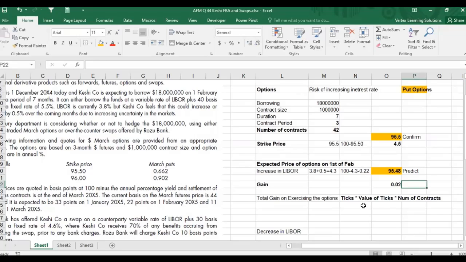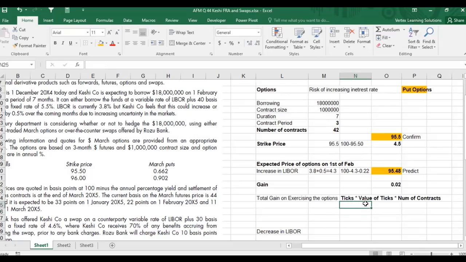Let's suppose they tell us again that 1 tick value is $25. Then I should say 2 ticks multiplied by $25 multiplied by my number of contracts, which are 42. This is how I would have calculated the value of the gain.